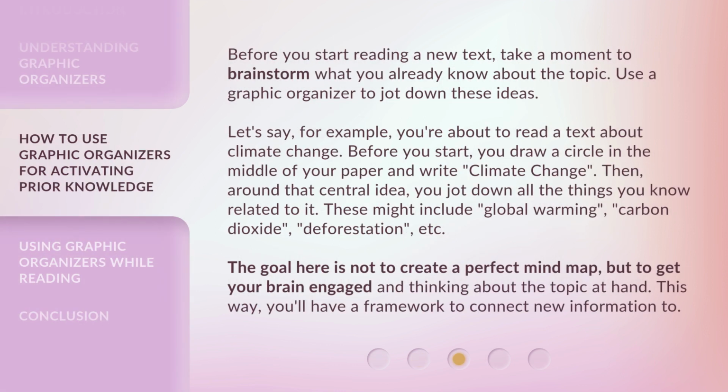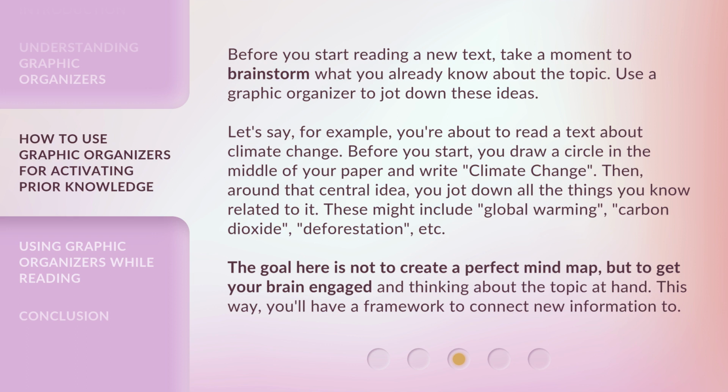Before you start reading a new text, take a moment to brainstorm what you already know about the topic. Use a graphic organizer to jot down these ideas. Let's say, for example, you're about to read a text about climate change. Before you start, you draw a circle in the middle of your paper and write, climate change.